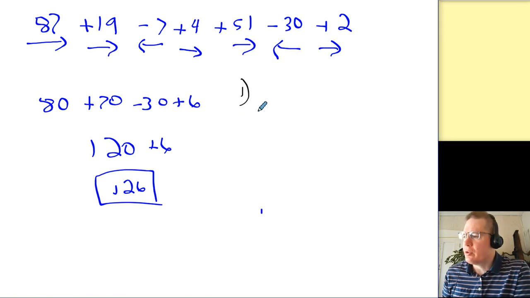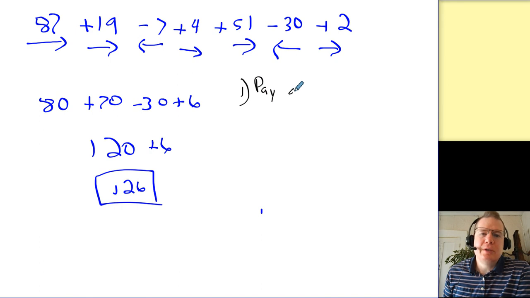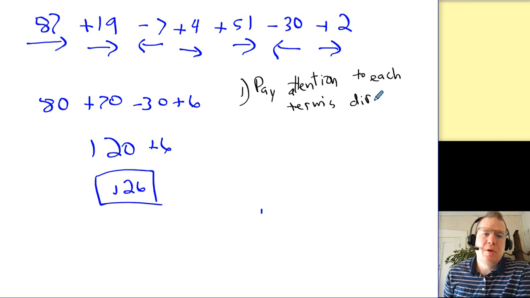The first thing to look for is to always pay attention to each term's direction. I'm not really using the number line here. I didn't measure out 87 forward and then count 7 backwards, 86, 85, 84.